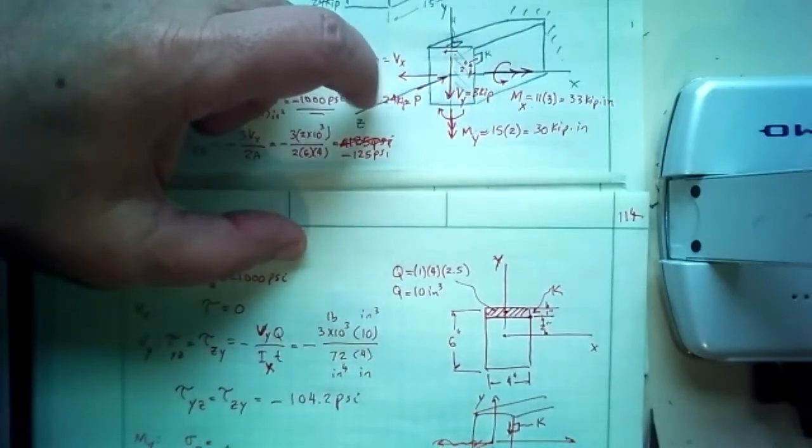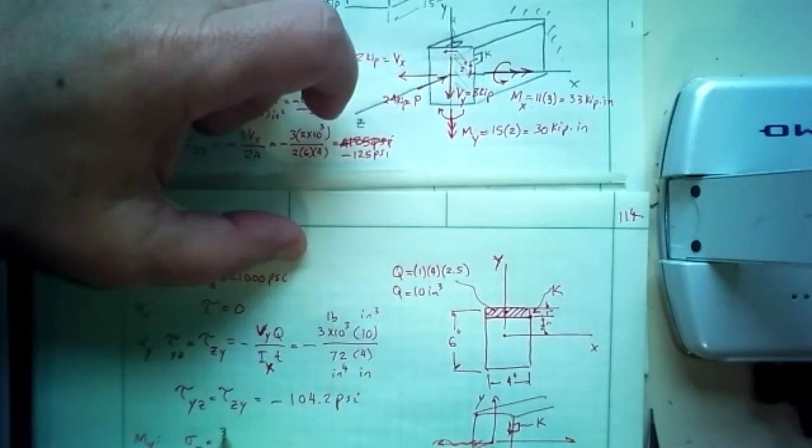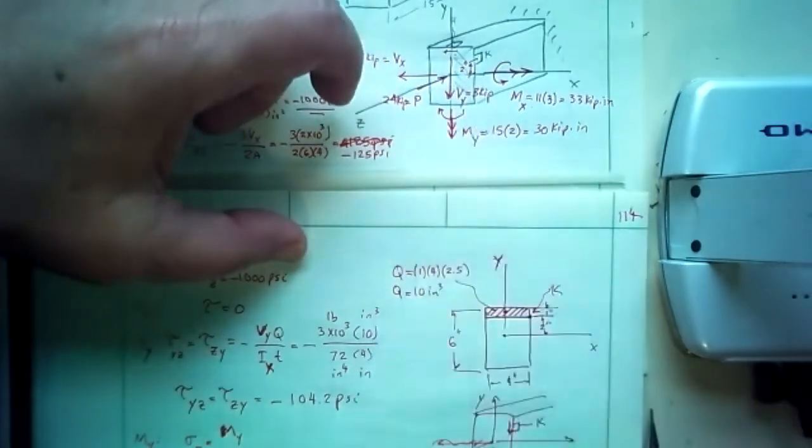My is 30. I'm just going to write the equation. My times the distance in the x direction over Iy.